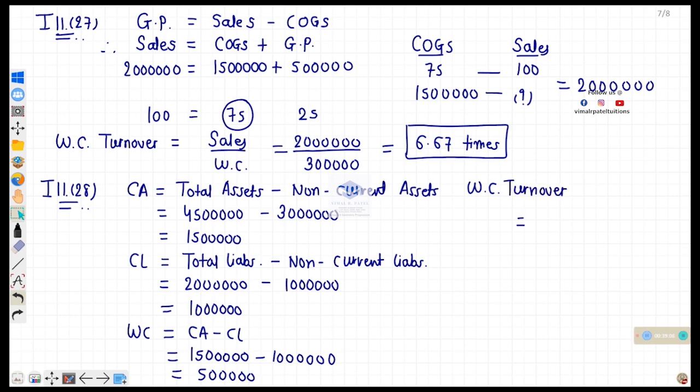Working capital turnover. Sales is given, 25 lakh. Divide by working capital 5 lakh. So it will be 5 times.